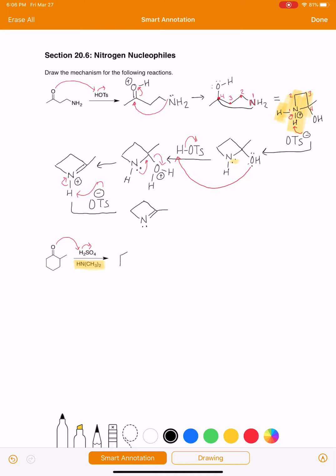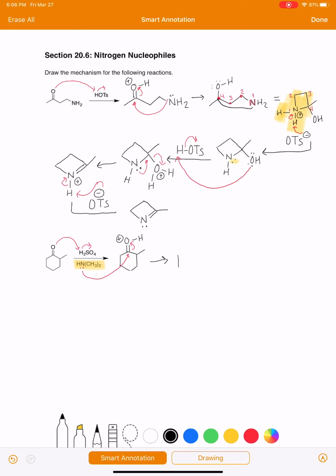And we are going to end up with a positive formal charge on our oxygen, which makes the carbonyl carbon excited to react. Now the lone pair of electrons on the nitrogen are going to come up and attack the carbonyl carbon and open up the carbon-oxygen double bond.